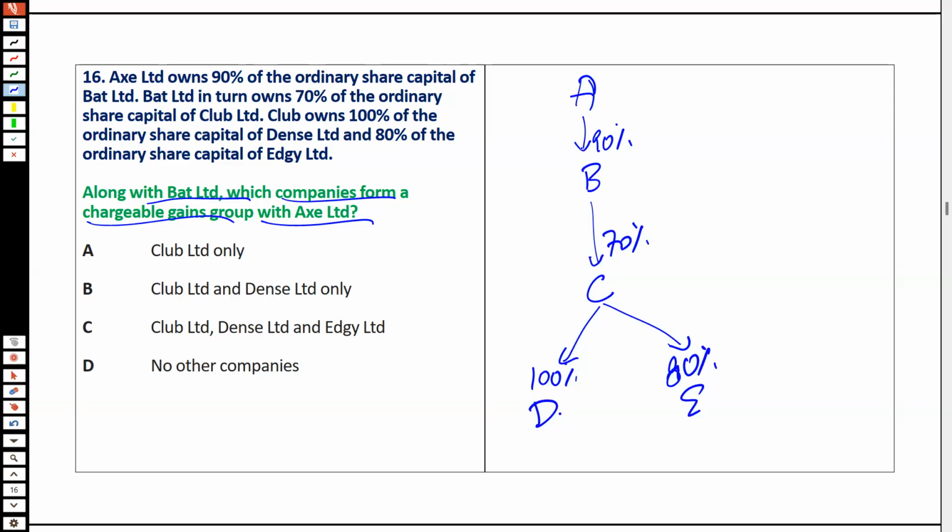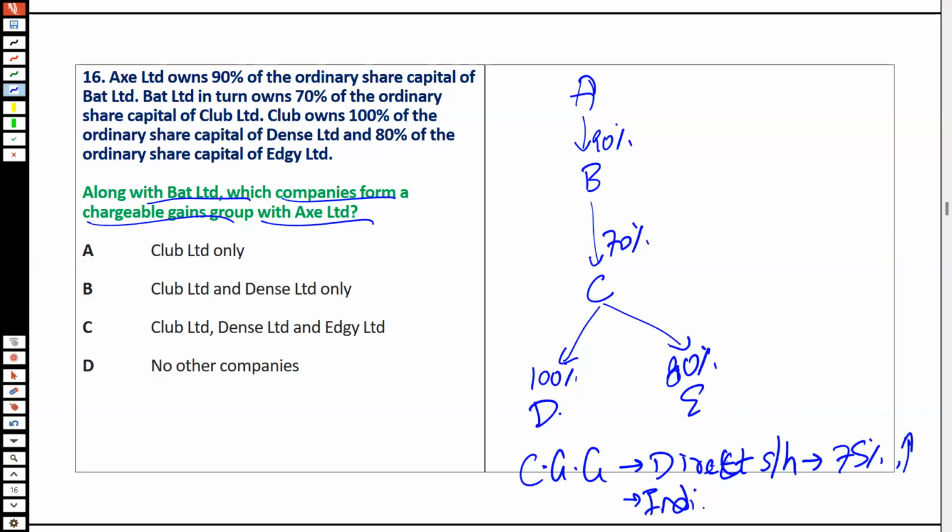Which companies form a chargeable gain group? Direct shareholding, 75 and above. I mentioned the rule as well. Now, again, a question to you.